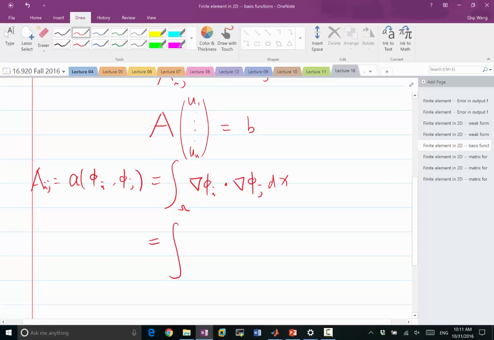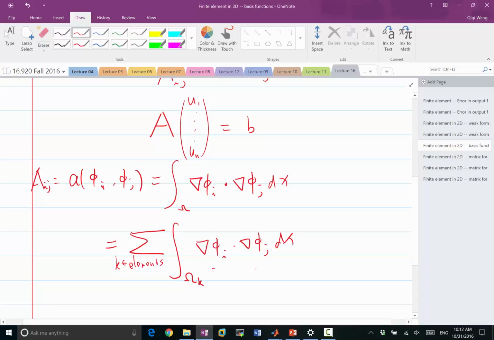Okay. So, but anyway, these are going to be equal to integration. Let's split that up into a summation over elements. So let's say k in the elements, integration over omega_k, where omega_k is the kth triangle, of gradient phi_i, gradient phi_j dx. This is good because over each element, both phi_i and phi_j are linear.